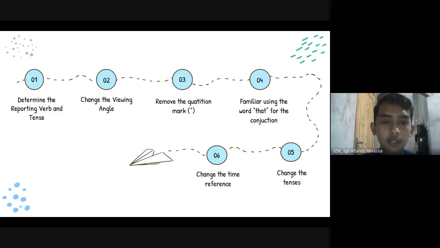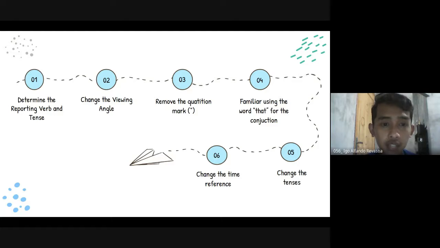For example, direct speech: I will take my brother to the dentist. Reported speech-nya, she said she would take her brother to the dentist. We can see from the example, will changes to would.